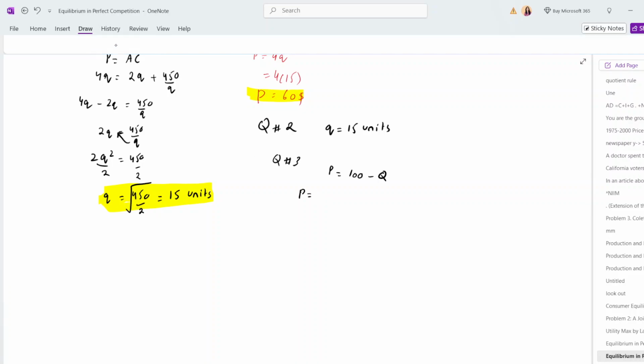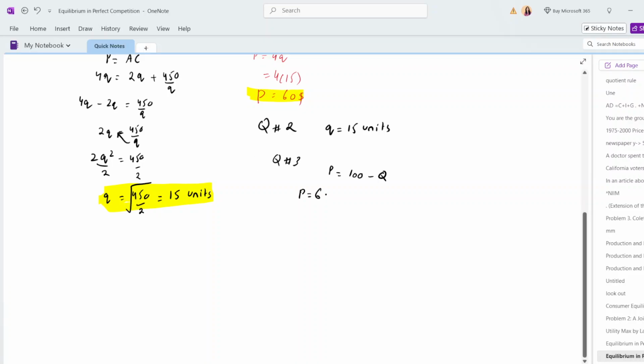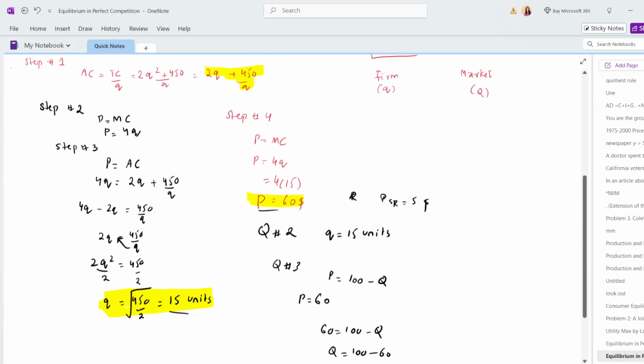So put P as 60 in here and solve it from that point on. 60 equals 100 minus Q, bring Q to other side, 60 on this side, that will give us 40 units. So that answers your third question, that equilibrium quantity by market should be 40 units, equilibrium price by the market in the long run should be 60. In short run, they have already provided you with the price, which should be $5, and equilibrium quantity by a firm should be 15 units.